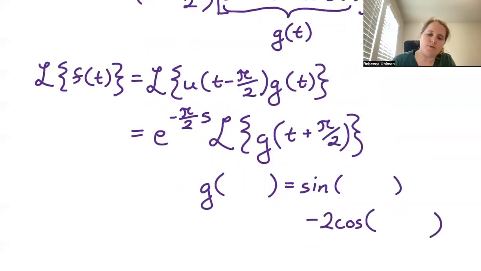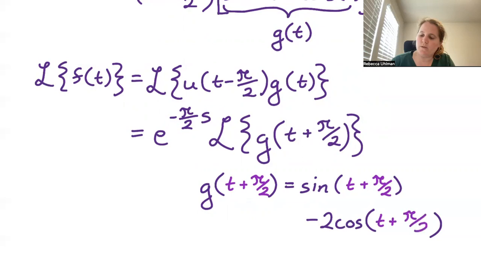So in place of all those t's, we are now instead going to put in t plus pi over 2. We do not have formulas for the Laplace transform of sine of t plus pi over 2. However, we can use some trig rules to rewrite these in a format that is recognizable for the Laplace transform.